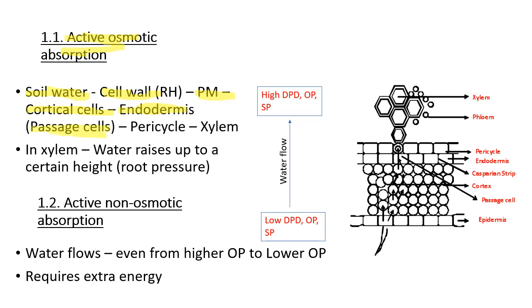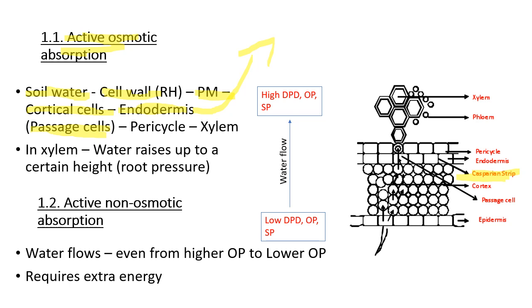The movement from cortical cells to endodermis is not that simple due to the presence of the Casparian strips, as you can see in this picture. These Casparian strips are present in the endodermis region, which are highly impervious to solutes and even water.